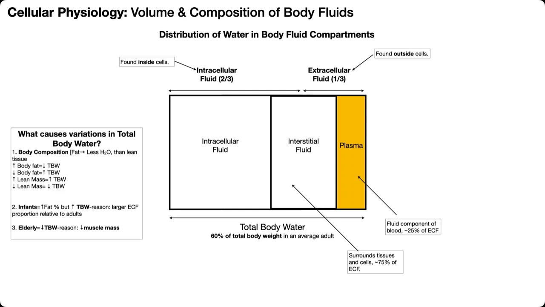That's going to be primarily not due to the increase in body fat, but due to the fact that they have a larger proportion of that extracellular fluid relative to what you would see in adults. Okay, in elderly individuals, you're going to see a decrease in total body water, and the reason for this is because they have reduced muscle mass and then that increased fat percentage.